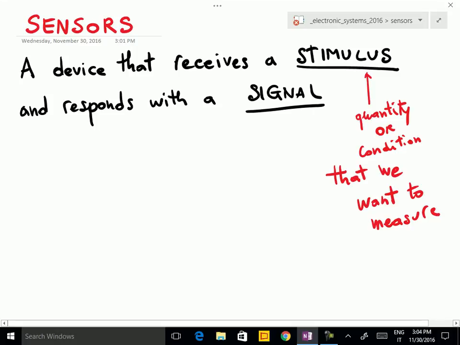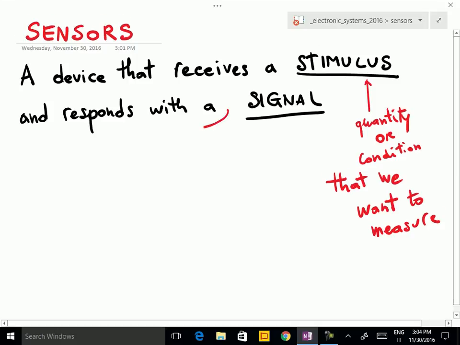And then the signal, in most of our cases, is an electric signal. This is not strictly required for the definition of a sensor, but of course, since we're dealing with electronics and electrical quantities, for us this is going to be an electrical signal.